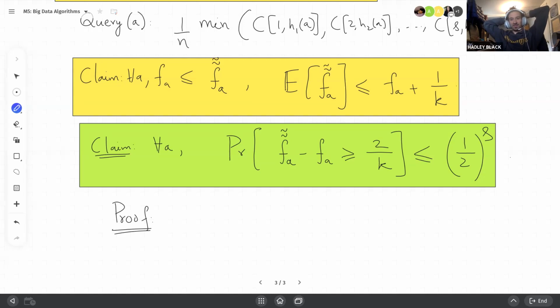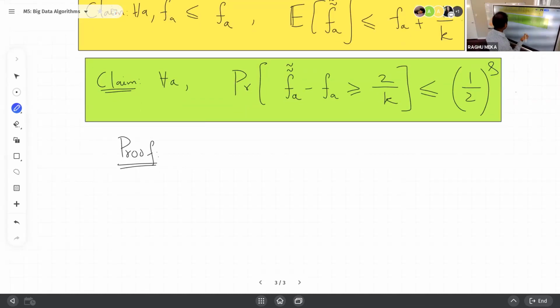Exactly, right? So we're taking the minimum. So for this bad event to happen, every one of our hash functions should do badly, right? So it's not enough for just one of them to do badly, but every one of them should do badly. Even if one was somewhat good, the minimum estimator would be good, right?